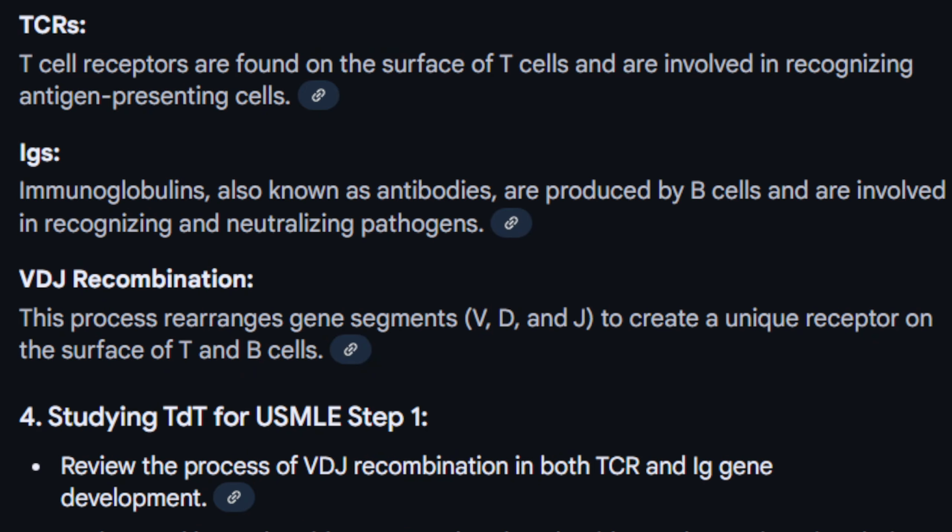Some concepts to remember: TCRs are T-cell receptors found on the surface of T cells and are involved in recognition of antigen presenting cells. Igs, or immunoglobulins, also known as antibodies, are produced by B cells and are involved in the recognition and neutralization of pathogens. VDJ recombination rearranges the V, D and J gene segments.